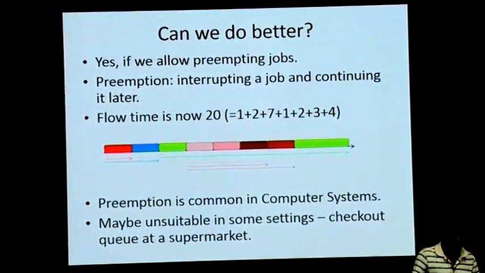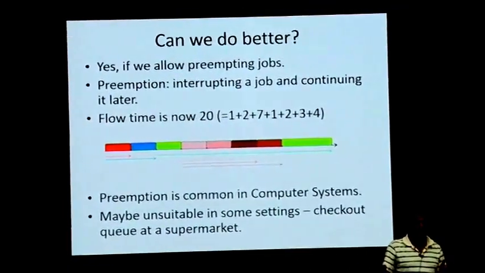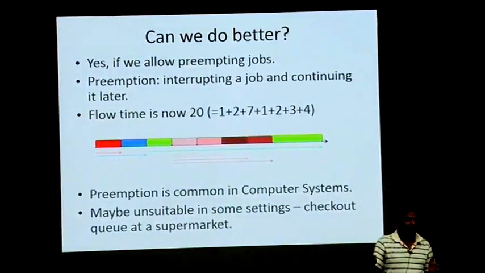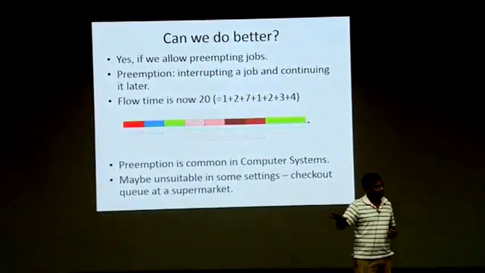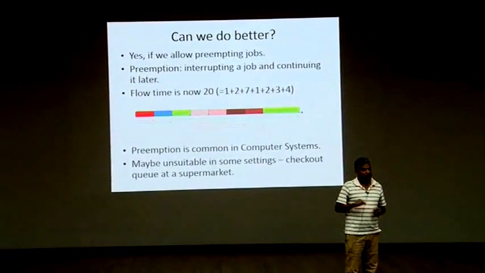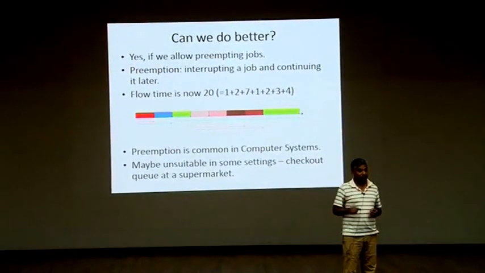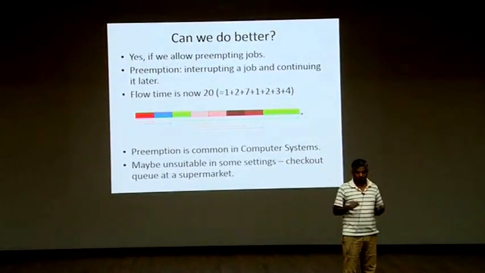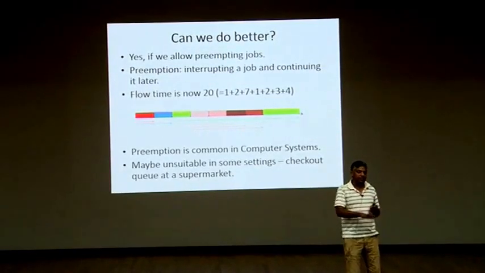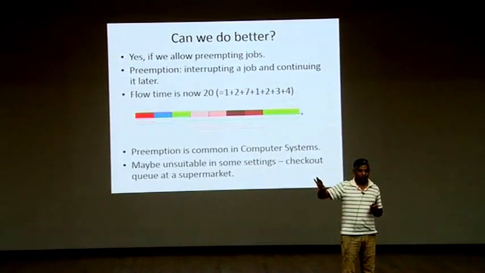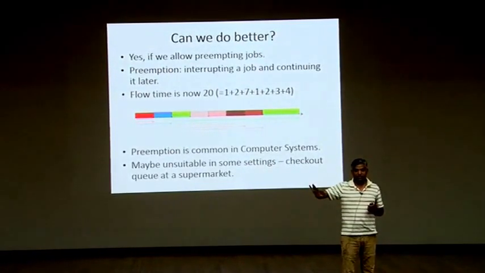Why is that better? Assume that the 2 baskets full of vegetables takes 10 minutes to check out, and the bananas take 1 minute each to check out, or the 6 bananas, right? So the 5 people who are standing with 6 bananas, they will be waiting for a total time of 5 times 10, 50 units.